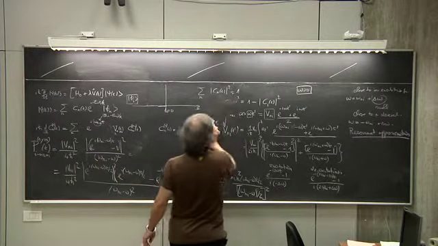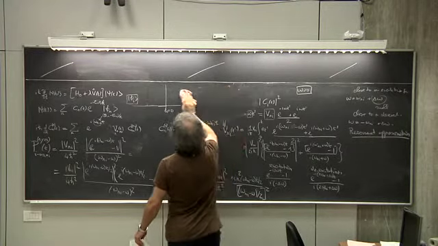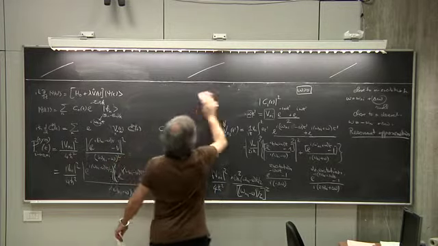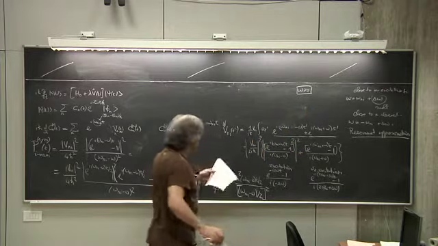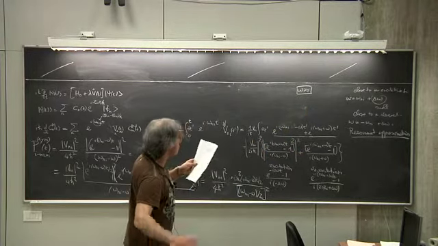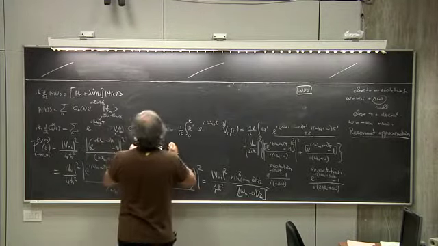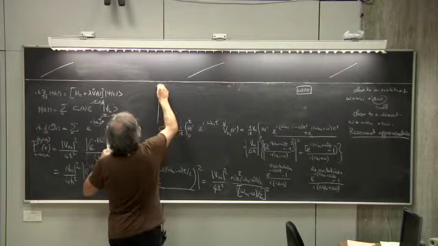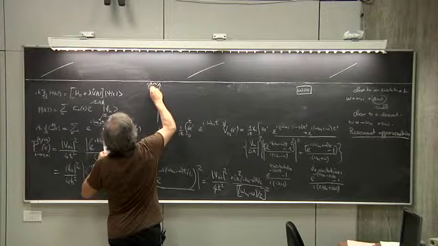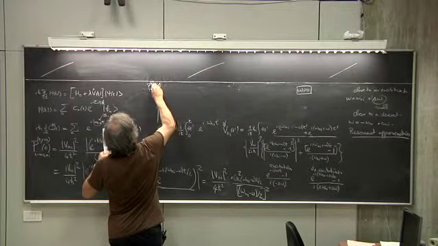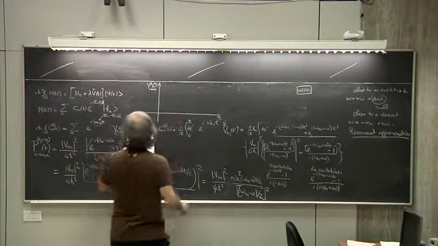Can I erase here? Well, I guess yes. So, this probability, P resonant, from I to n different from I at time t, as a function of t, okay?